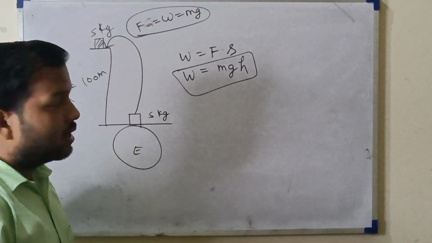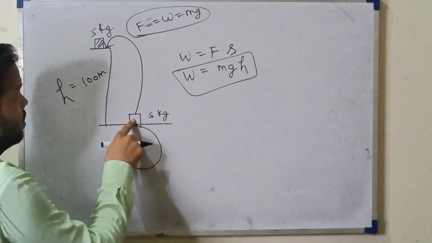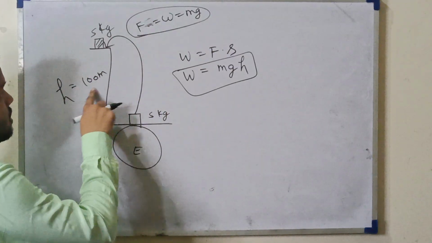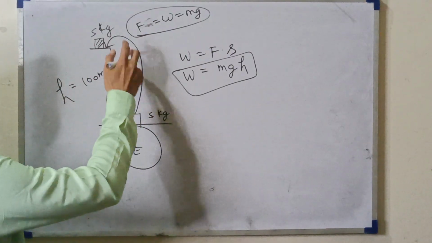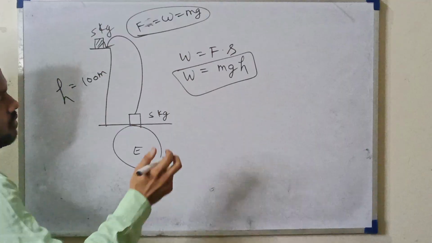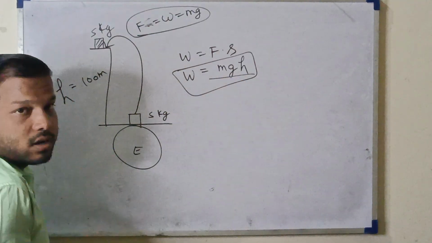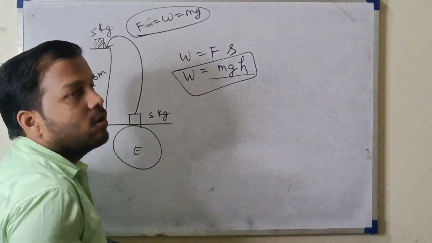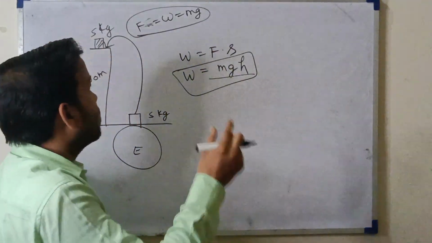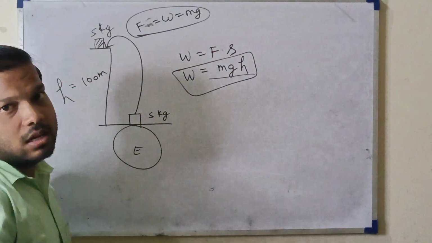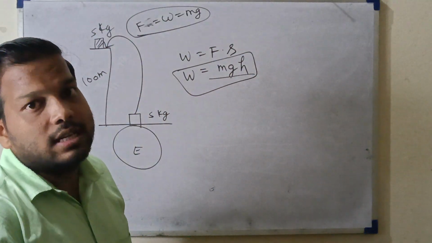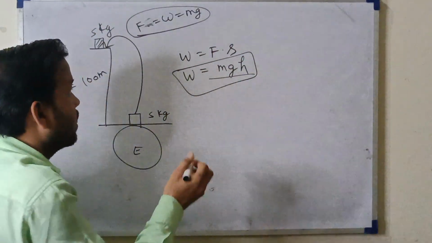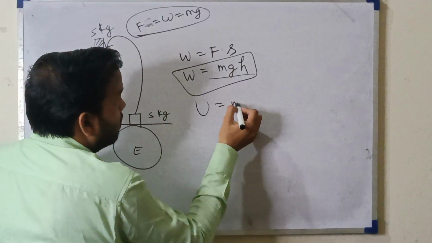So, to lift this body up to 100 meters and keep it onto this terrace, you worked mgh. Now, this work will be stored in this object as potential energy, that is U. So U is equal to mgh.